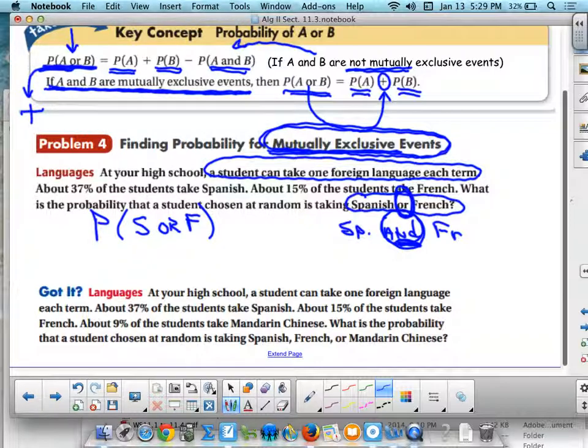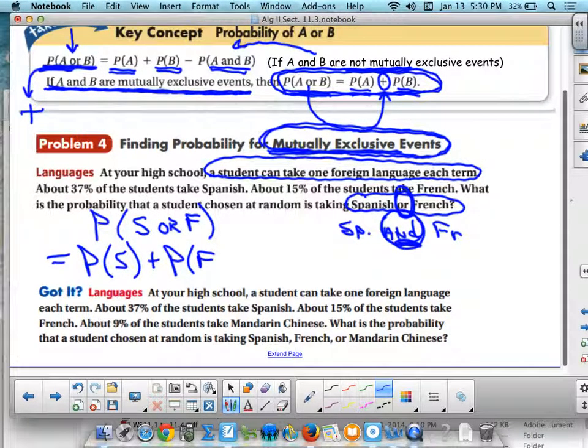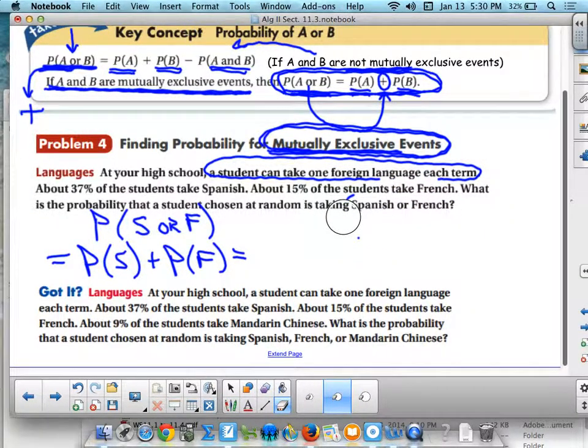So we will be following this formula right here. This is the formula we follow when it's mutually exclusive. So all this is going to be is probability of taking Spanish plus probability of taking French equals. Okay, here we go. What's the probability of taking Spanish? 37%.